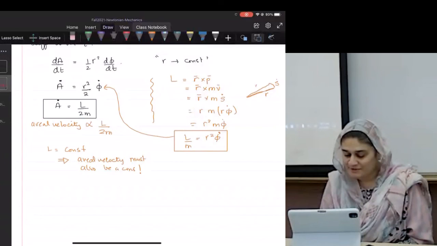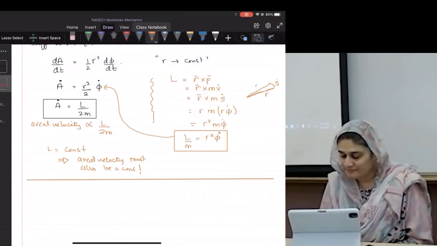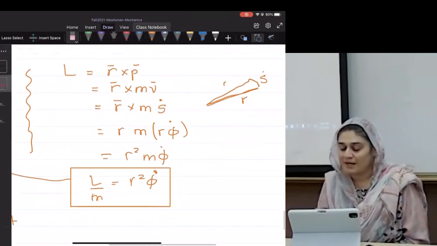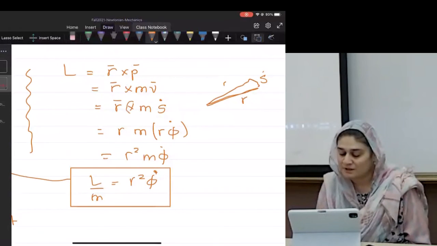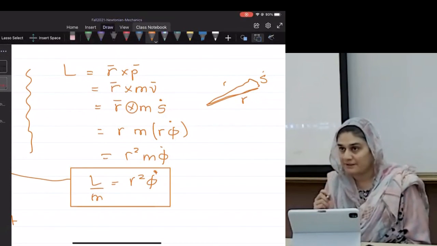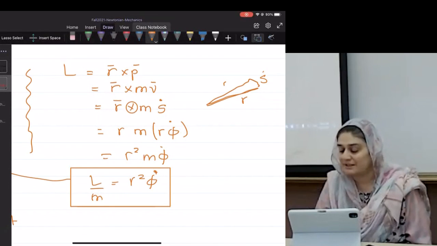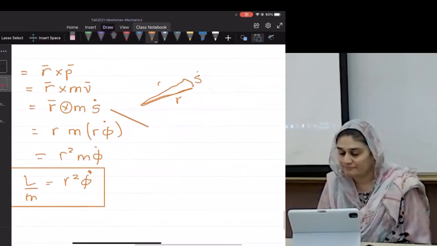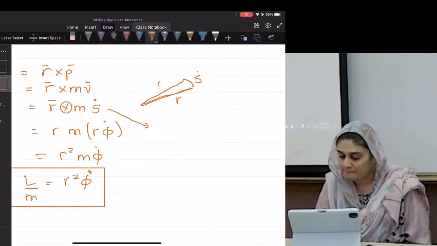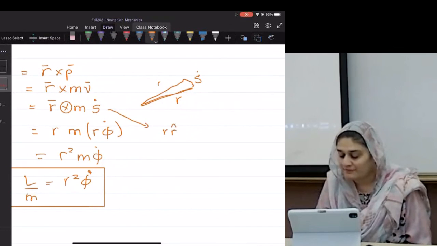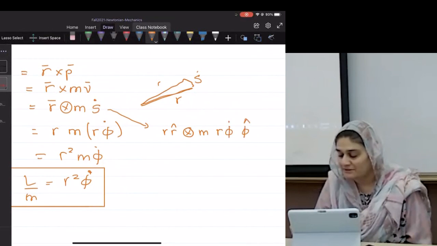Good question. Why are we able to cross out this cross? Is that the question, right? Okay, so let's say we don't take this cross out. What will we get? r hat times m r φ dot φ hat.